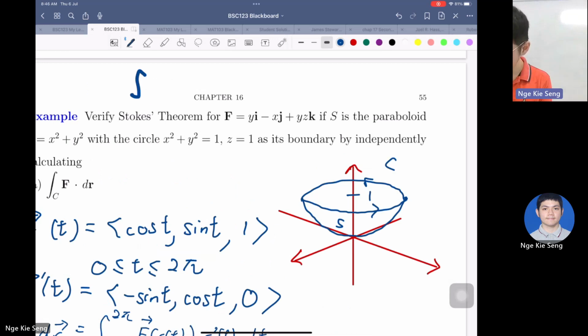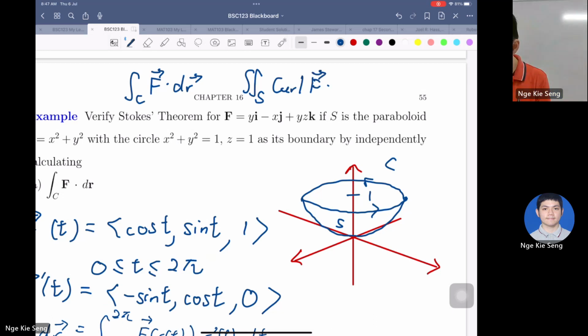We have the line integral, the loop integral of F dot dr, and then the surface integral of curl F dot dS. So these are the two things we need to compute.